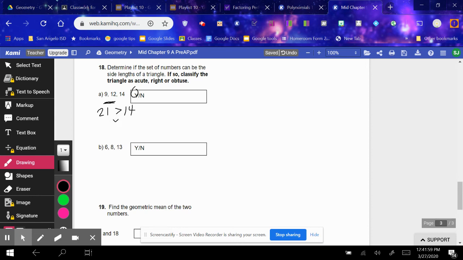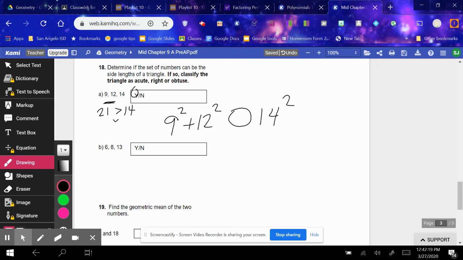Now to classify it, we're going to use the Pythagorean theorem. So we use the two smaller side lengths as a and b in our Pythagorean theorem. So 9 squared plus 12 squared, and we're going to compare it to the hypotenuse, c squared.